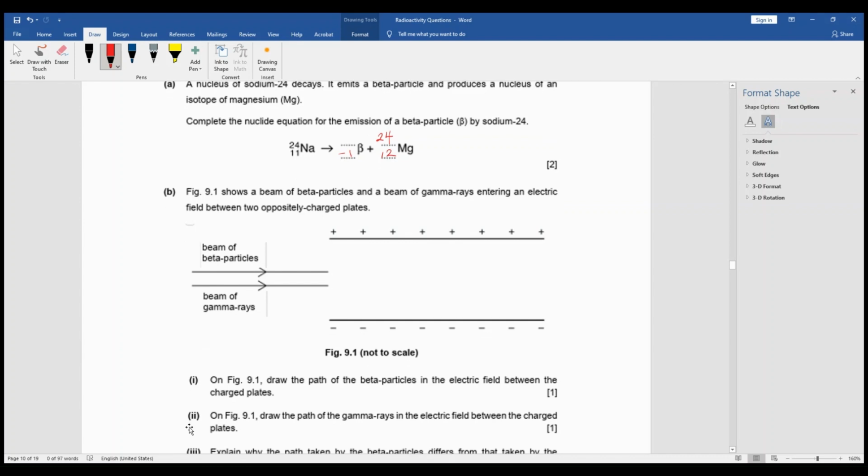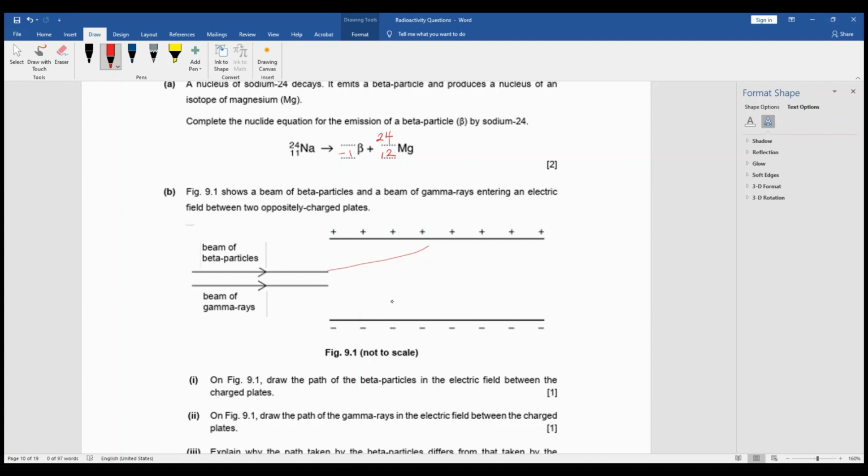A beam of beta, as you know, beta is negatively charged, so beta will go towards the positive side. It will do this. Maybe don't let it come out, because once it touches the plate, it will already be neutralized.